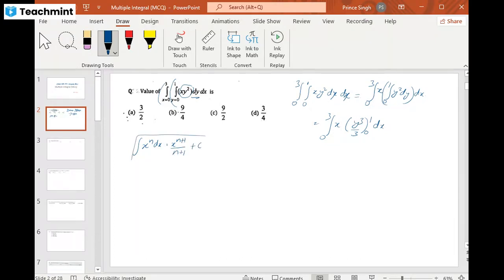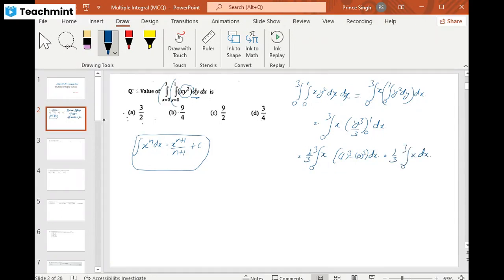This is the formula of integration. If we substitute the upper limit and lower limit, 1 by 3 is constant and can be taken outside. On substituting, this is 1 cube minus 0 cube. 1 cube is 1, 0 cube is 0. So basically we are left with 1 by 3 times the integral from 0 to 3 of x dx.